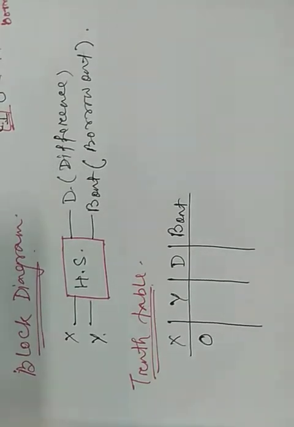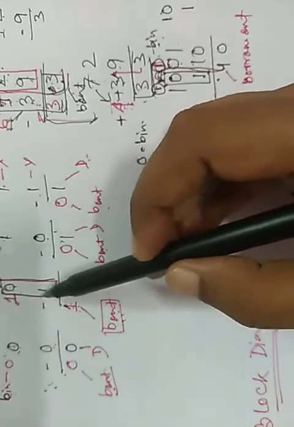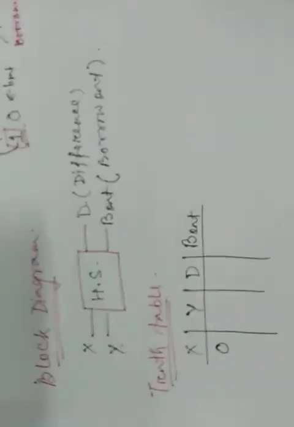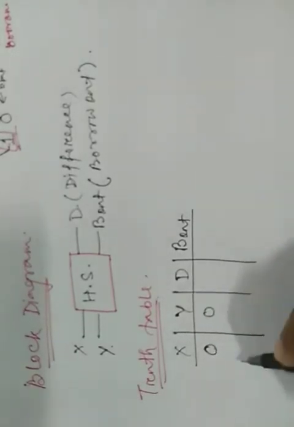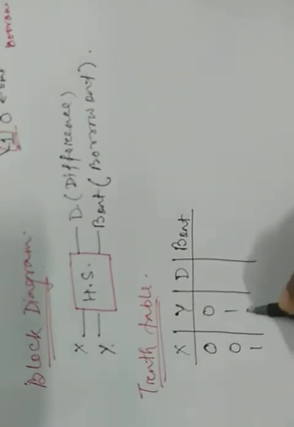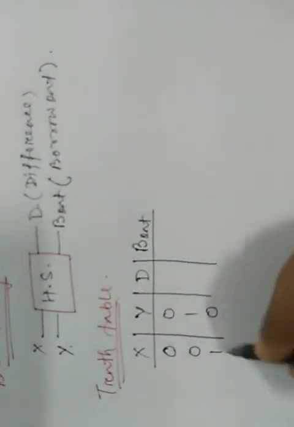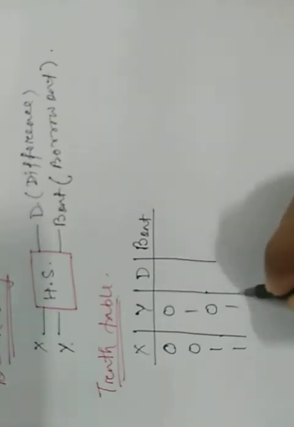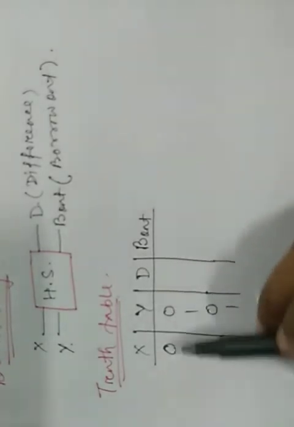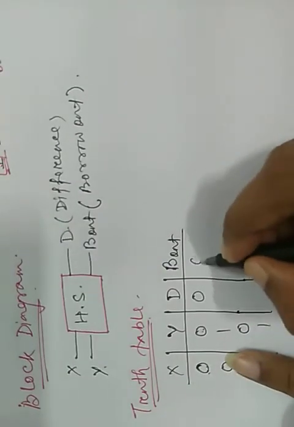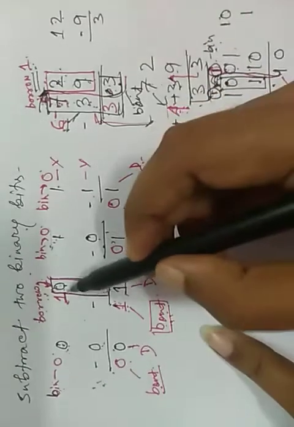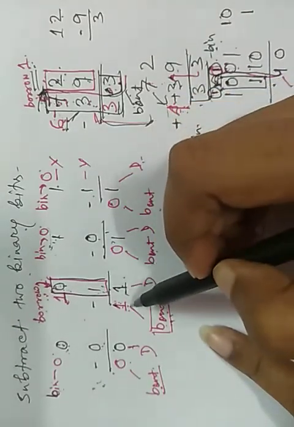So our combinations of x and y are 0 0, 0 1, 1 0, 1 1. Okay, so for 0 0, the difference is 0, borrow out 0. 0 1 means difference is 1, borrow out 1.